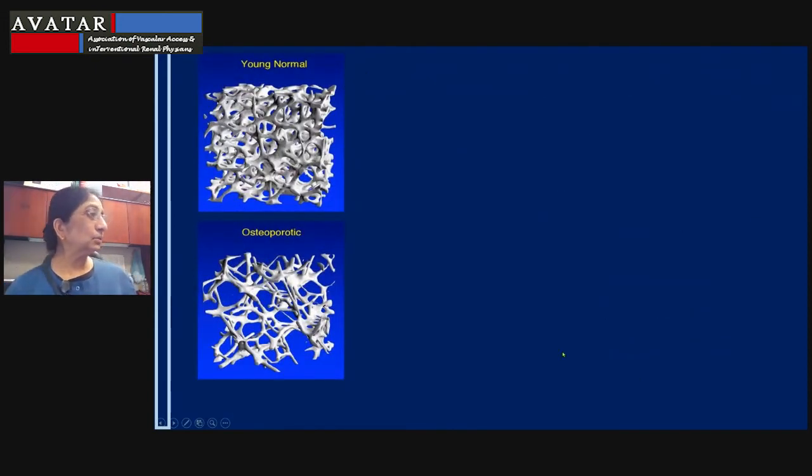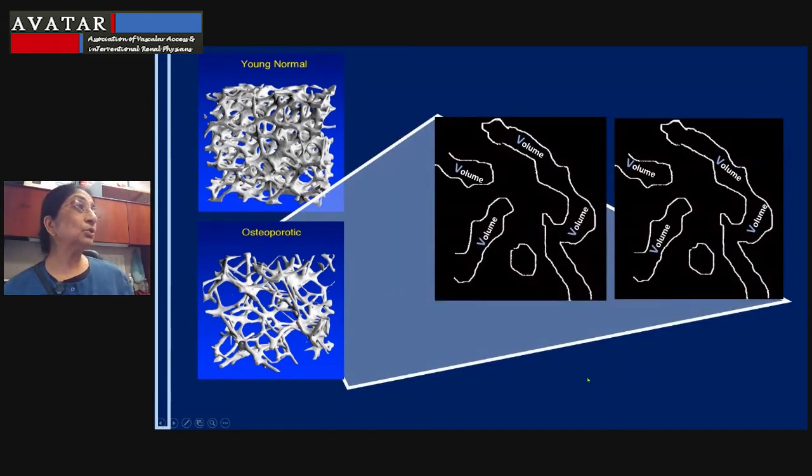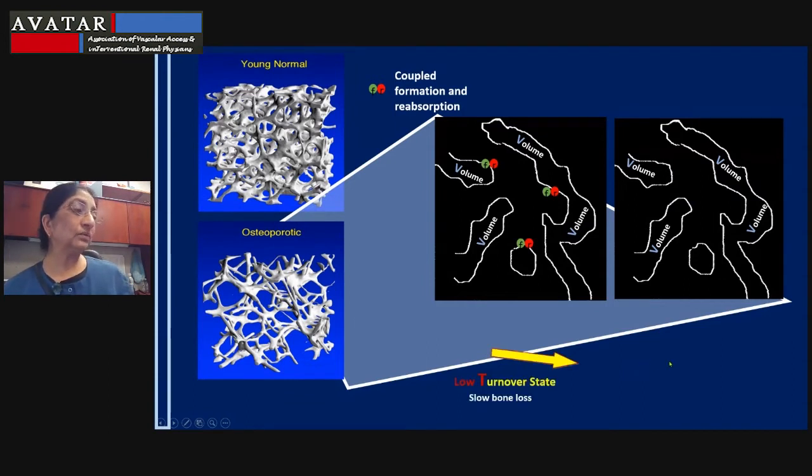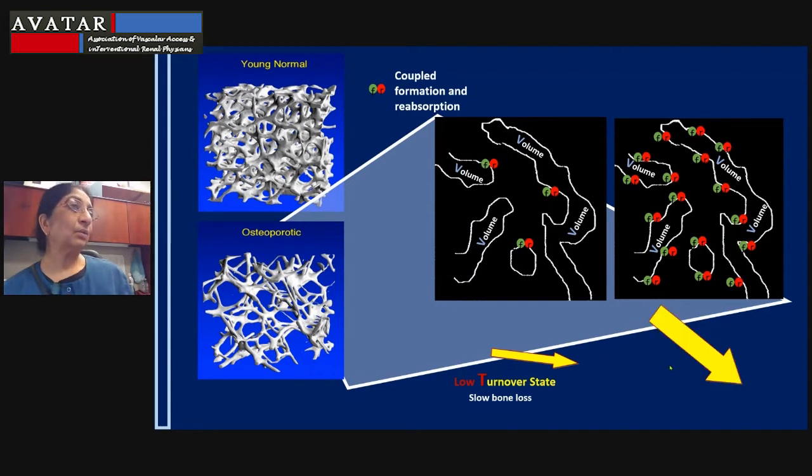So, this cartoon depicts the uncoupling of resorption and formation and shows you that you can reach the same bone volume with different rates of uncoupling. So, you could have a low turnover state where you reach the same bone volume much slower than a high turnover state where both formation and resorption are uncoupled, but the rates are much more rapid, and you may end up with more rapid bone loss.